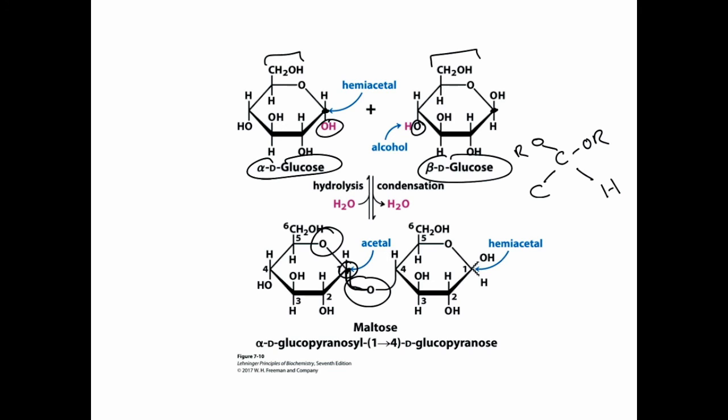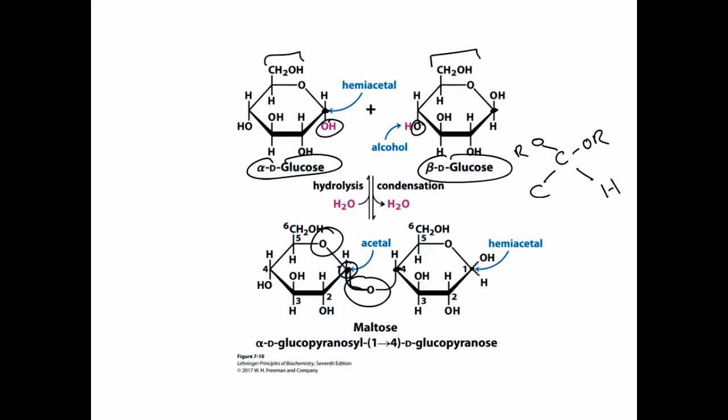However, the other sugar still has its hemiacetal on carbon 1. Now it's named alpha D-glucopyranosyl 1-to-4 because we've bonded carbon 1 to essentially the hydroxyl group connected to carbon 4.